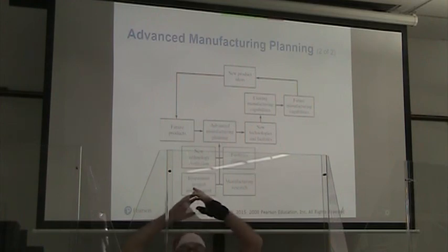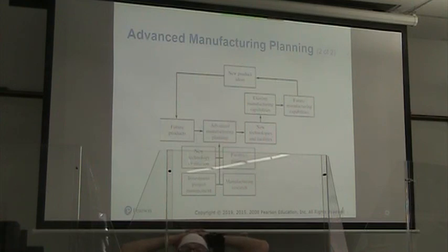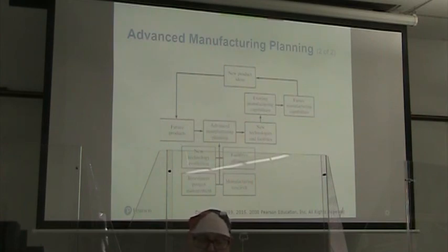All right, so here we have a flow chart kind of showing how they envision using the advanced manufacturing planning. So we're doing manufacturing research and investment project management on what are we going to be using in the future.